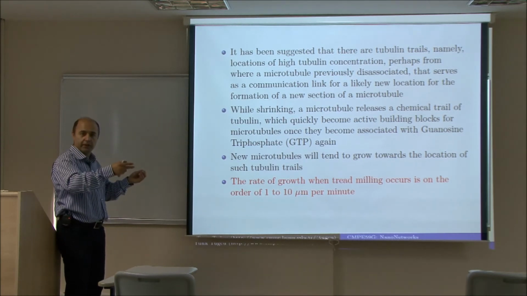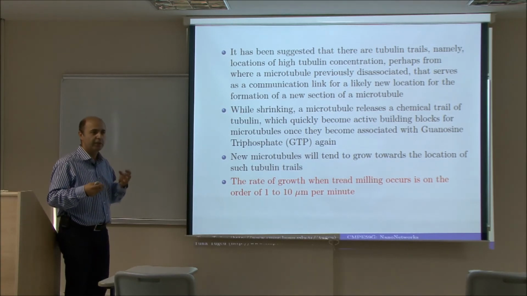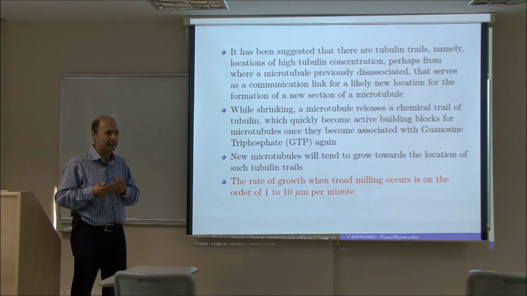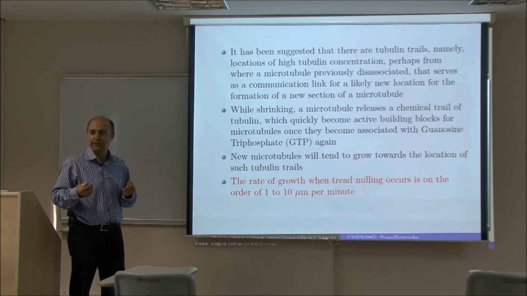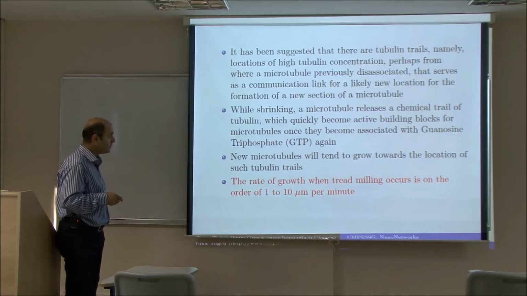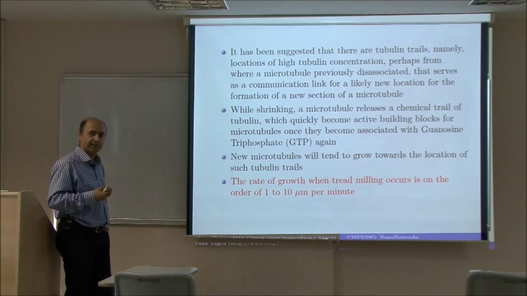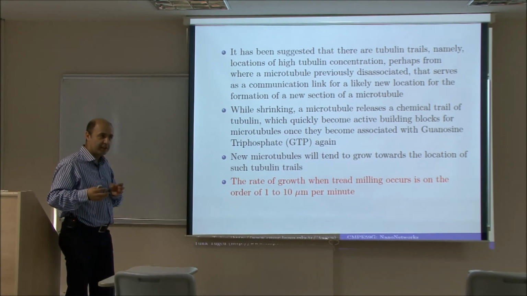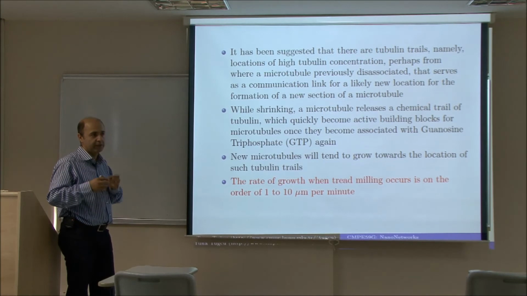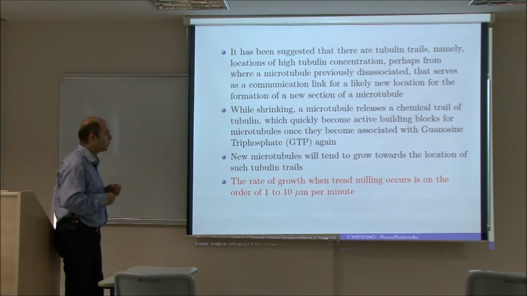Okay? Since you have a high concentration of these tubulins, this is mostly because there was actually a microtubule there, but this has started dissolving. That's why the concentration is high at that point. And since there are so many raw parts in that region, the probability of constructing a new microtubule in this region is higher because you have all the parts necessary for this production.